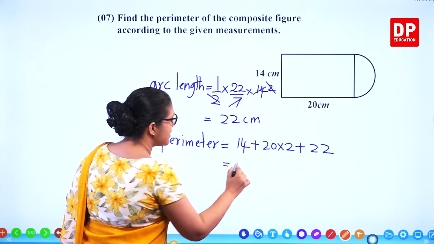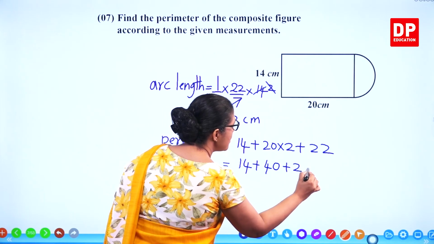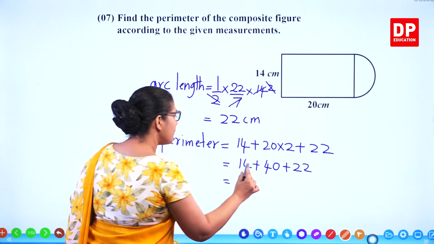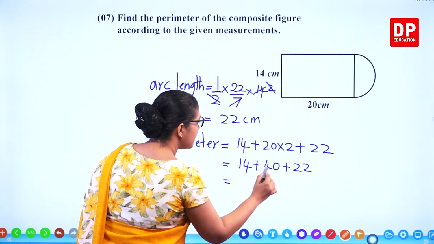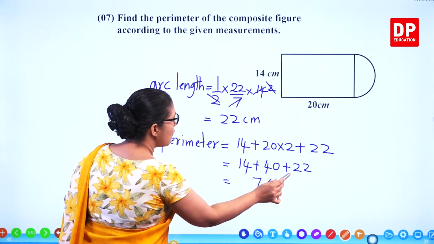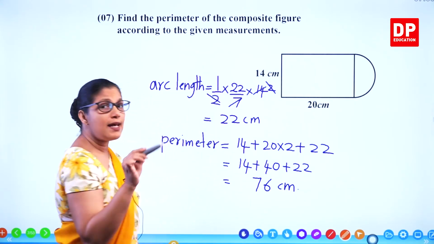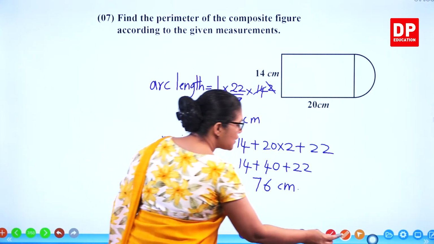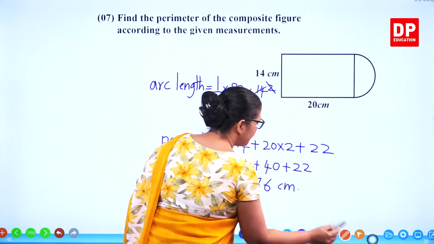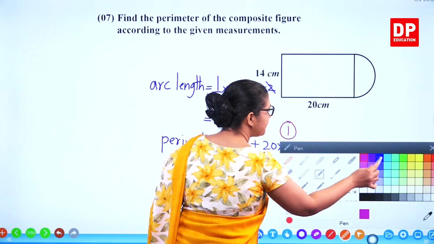So when you add it, 14 plus 40 plus 22, 4 plus 2, 6, 4, 6, 7. 76 centimeters is the perimeter of this figure. 1 mark and 1 mark here.